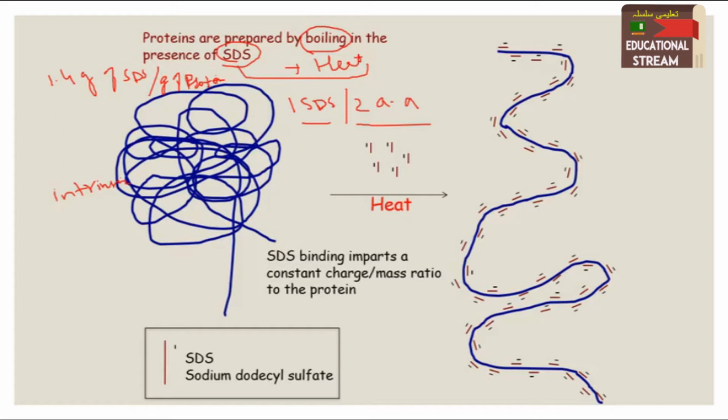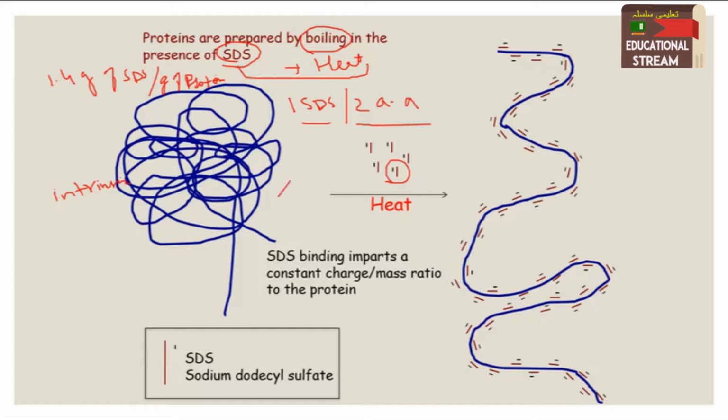So when we heat the protein by mixing the protein with the SDS in a solution, we provide the heat, and this is actually the molecule of the SDS. These molecules of the SDS will bind with the polypeptide chain, and you can see the difference in the structure of the protein.